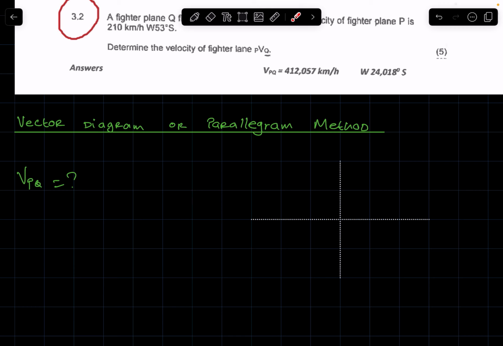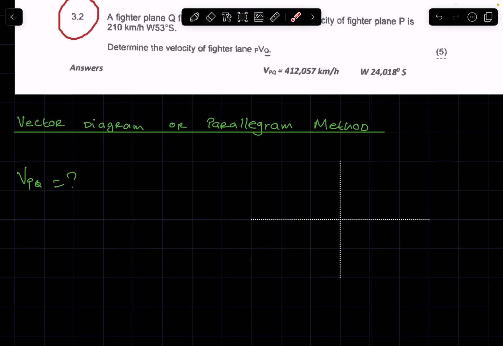The resultant velocity is the one that we are looking for. So the velocity of P relative to Q is the resultant velocity of the two objects we are looking at. So again, when they say determine the velocity of P relative to Q, that velocity is the resultant velocity of the two objects that we are essentially looking at.